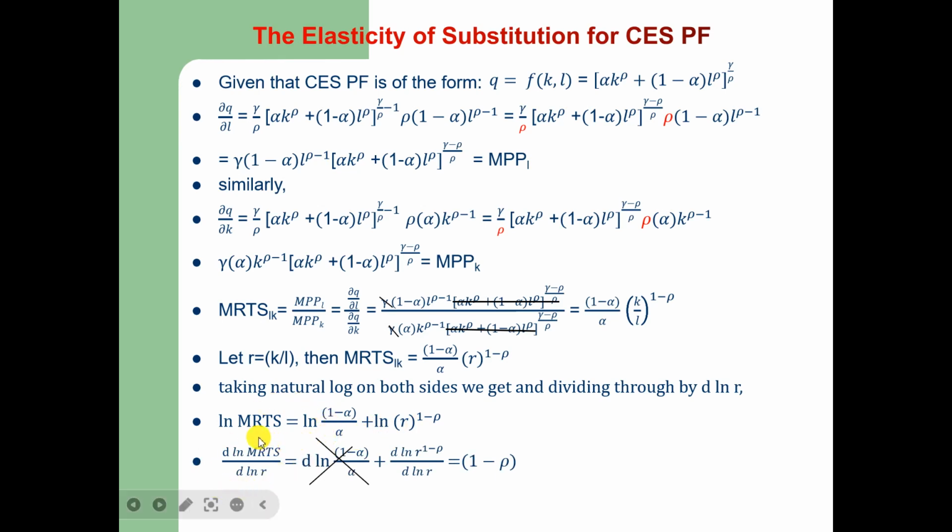So if I take the derivative of this with respect to natural log of R, this term will be 0. We will be left with the logarithmic derivative of the marginal rate of technical substitution with respect to natural log of R, and that is equal to 1 minus rho.